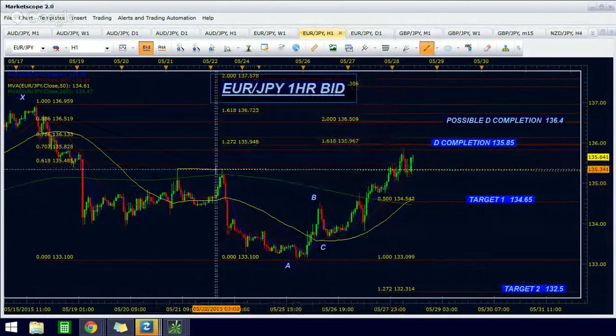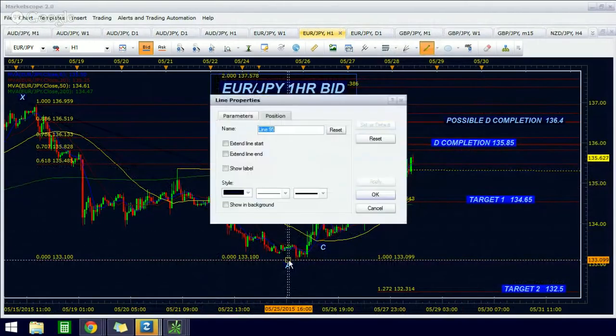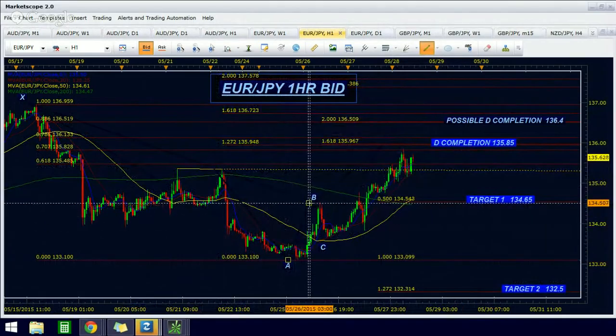So I'm going to delete that because I already have it drawn, and I'll just draw the visual, which is the lines here. I'll change the colors after.